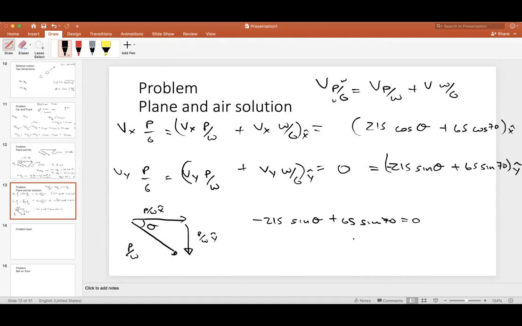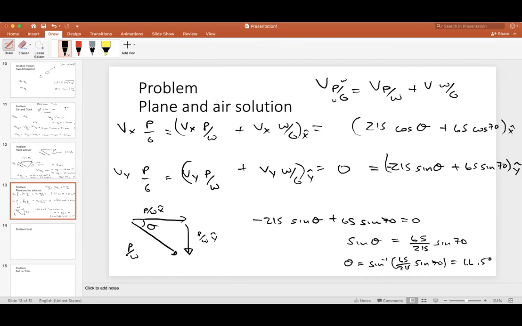Solving this for sine of theta, move the 215 over. If I take the arc sine of both sides, I get arc sine of 65 over 215 times sine of 70, and that gives me 16.5 degrees.